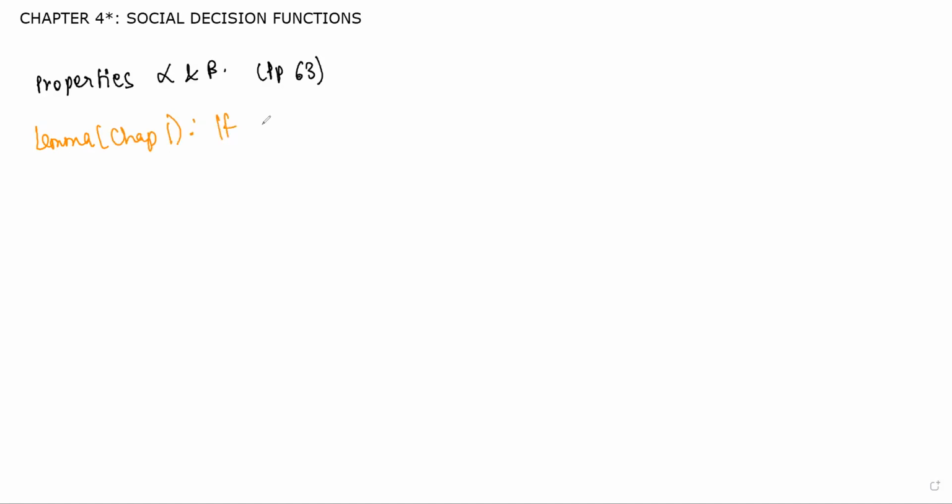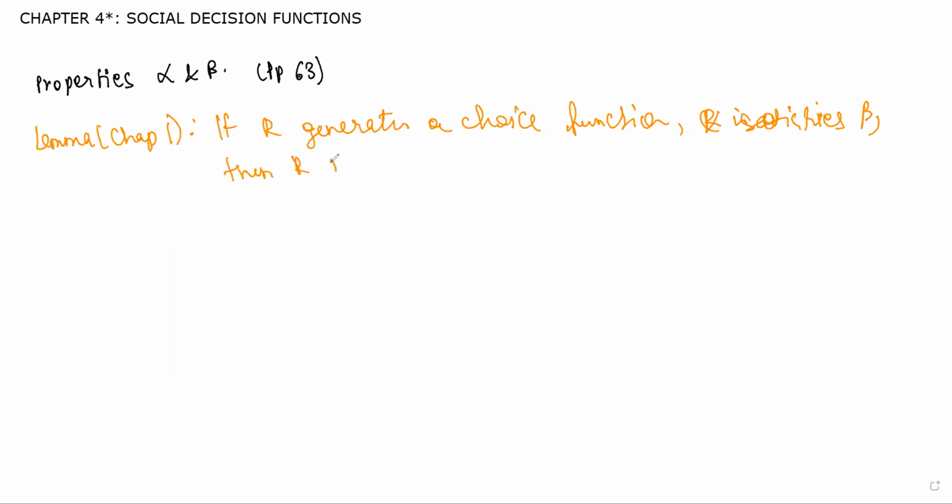If R generates a choice function, that is if CSR is non-empty for every S subset of X, if R generates a choice function and satisfies beta, then R must be an ordering. Right? And vice versa. We proved this in chapter 1. Right?